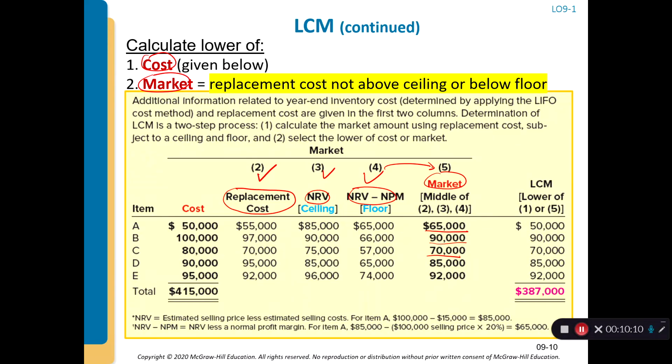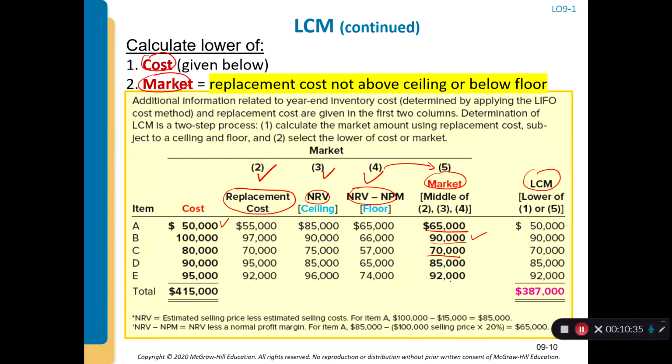After you pick the correct market value, you compare the cost with the market to figure out the lower of cost or market. For example, for item A, the cost is 50,000 and the market is 65,000, hence we pick the cost. On item B, 100,000 is the cost and the market value is only 90,000, hence we use 90,000.